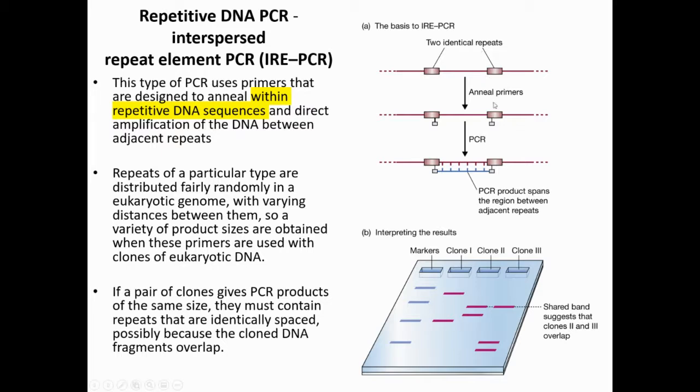So you have the primer, you perform the PCR, and then perform DNA electrophoresis. And if you see the same size fragment, that means clone 2 and clone 3 overlap, all right? So that's how you identify the overlapping pair.